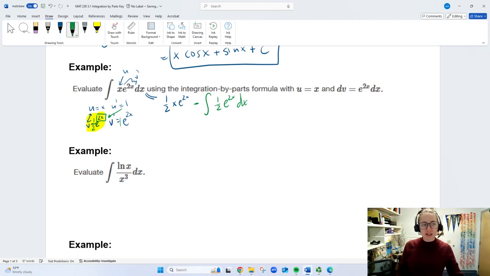And I technically could definitely use u substitution on this last part, but I might just cheese it because of what we know about when we're taking our antiderivative of e to the anything. So I'm going to just bring my 1/2 out in front. The antiderivative of e to the anything is e to that anything.